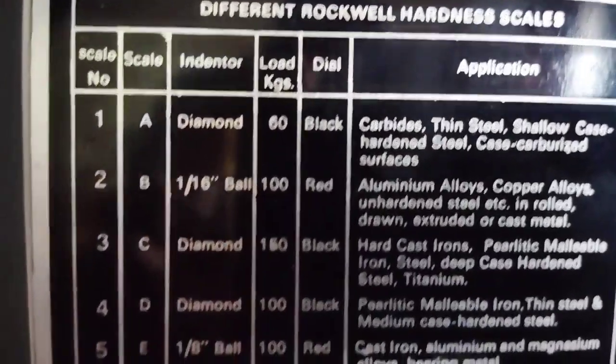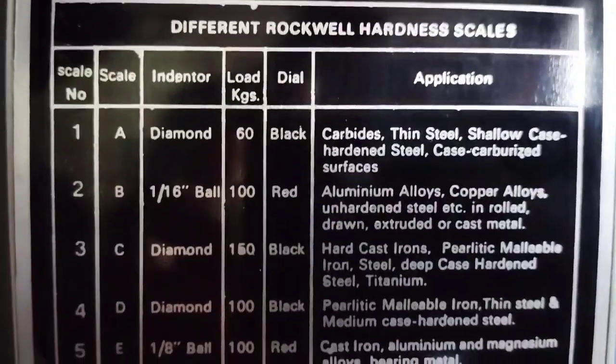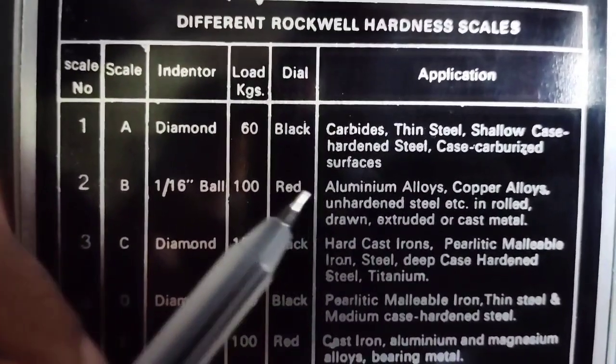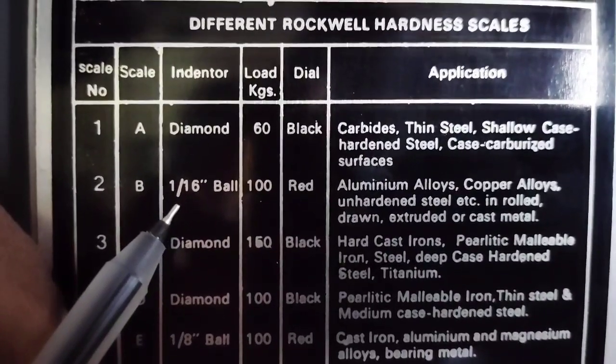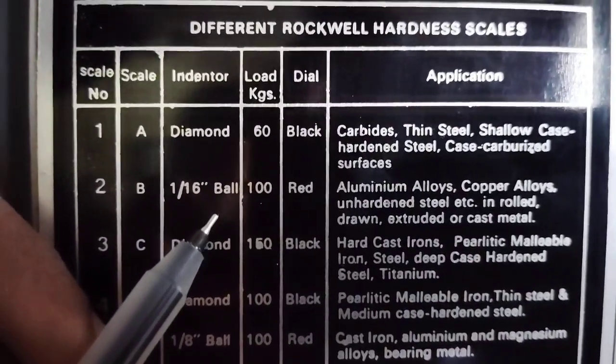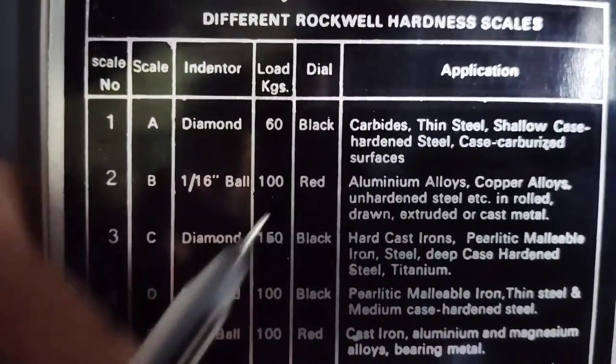Now we have our specimen, that is aluminium. For the aluminium, we will choose the 1/16-inch ball indenter with an applying load of 100 and read the red dial.